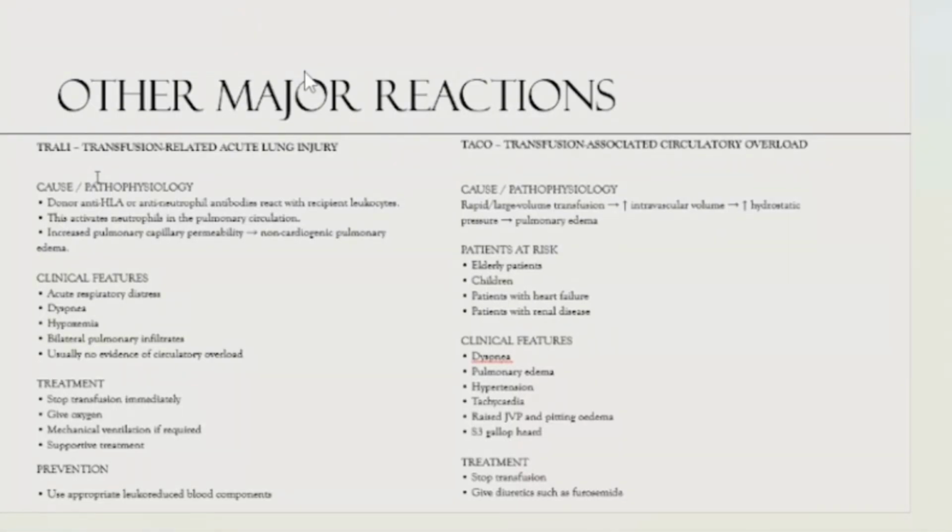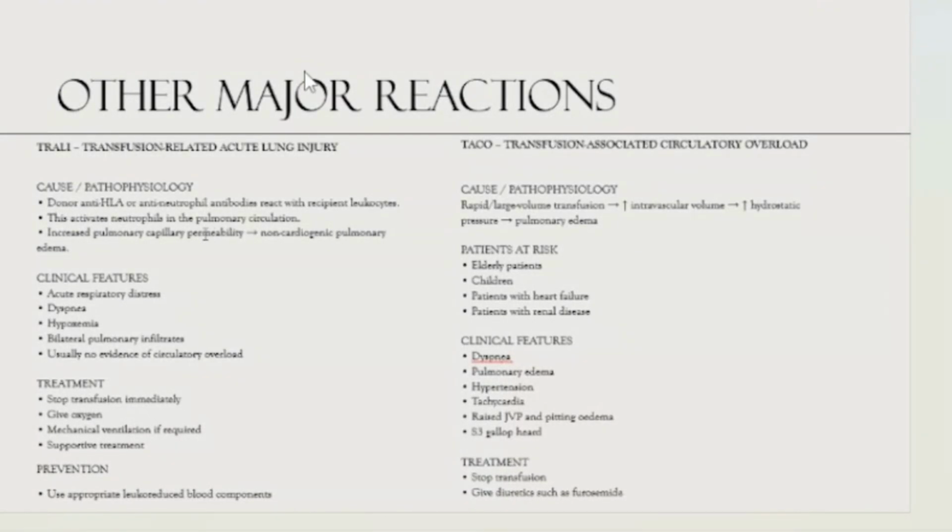I know I'm taking a lot of time, but do not get confused, because when we say anti-HLA in the recipient, that is the FNHTR, febrile non-hemolytic transfusion reaction. And when I say anti-HLA in donor, that's when comes the transfusion-related acute lung injury.